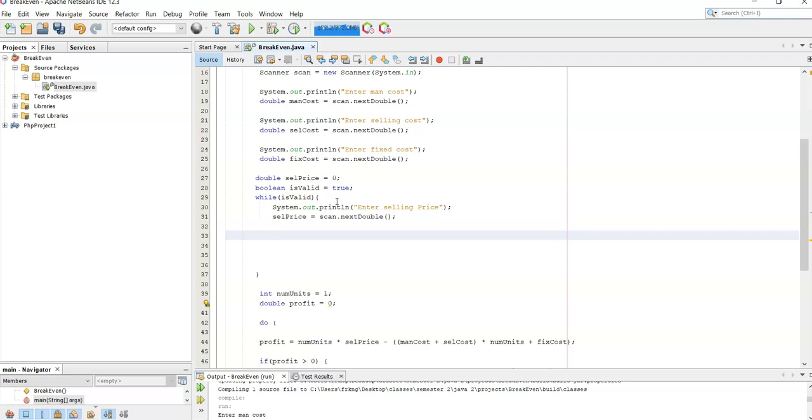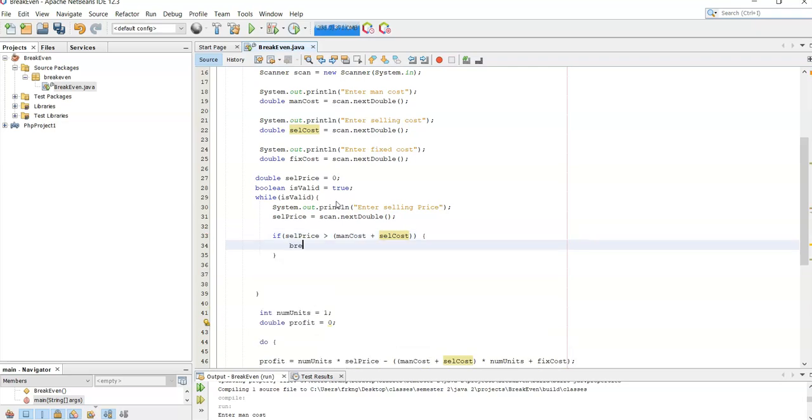If the selling price is higher than the variable cost, it's okay. If it is not, we need to tell the user something. So if the sell price is higher than manufacturing cost plus sell cost, that's what we want. If the selling price is higher than the variable cost, we just get out of the loop.